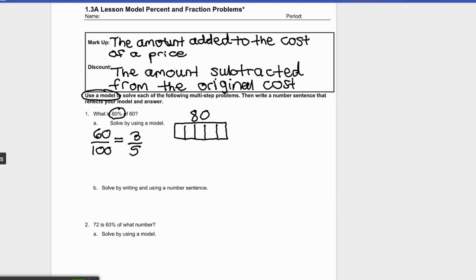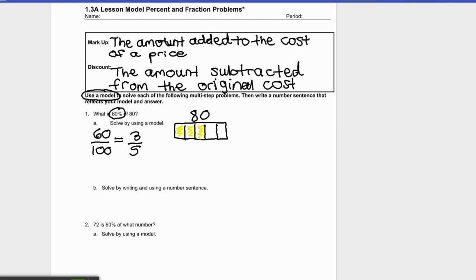So let me get a different color to represent that, if it will allow me to shade in 3/5 of this bar model. Perfect. I'm going to go back to using the regular ink color.